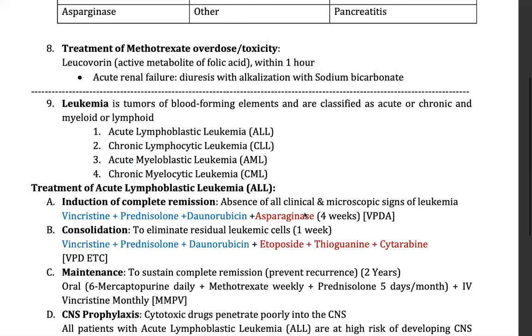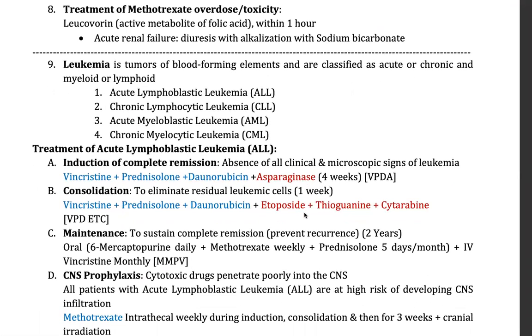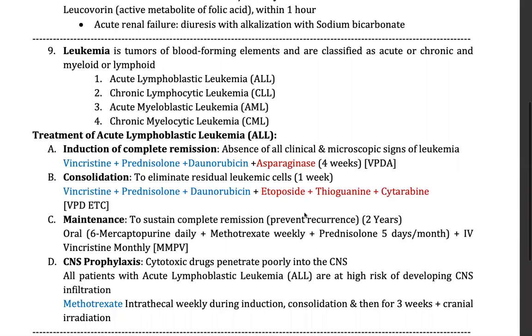Yes, we will first focus on the management of leukemia. Leukemia is a tumor of blood forming elements and is classified as acute or chronic and myeloid or lymphoid.